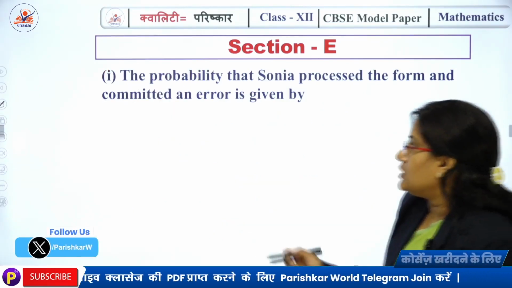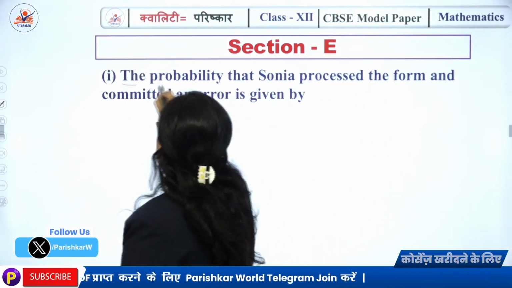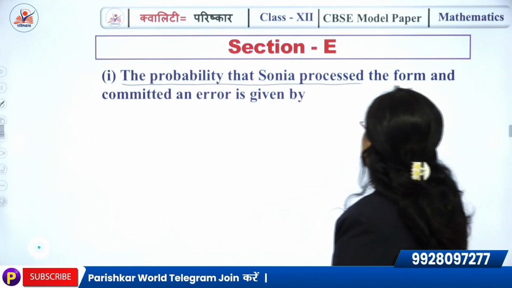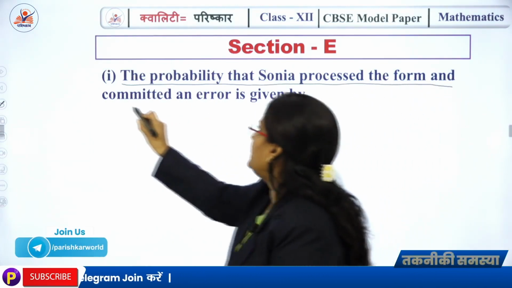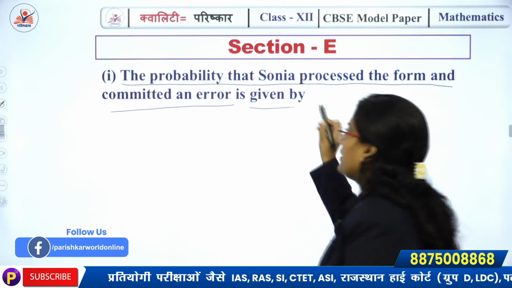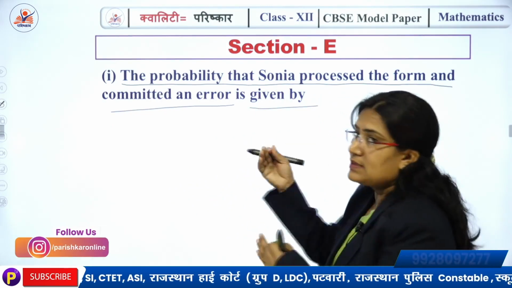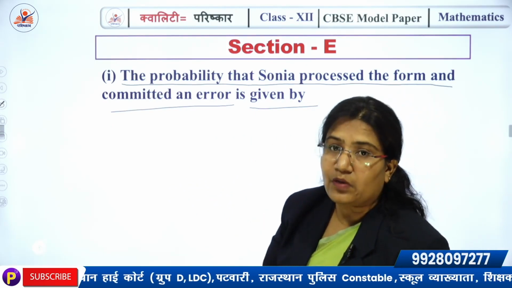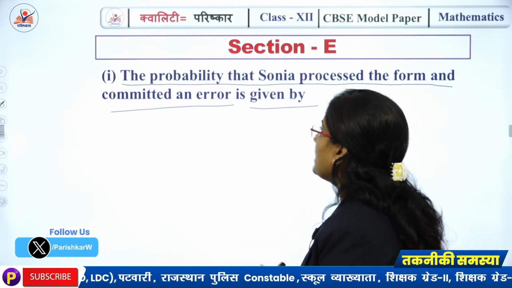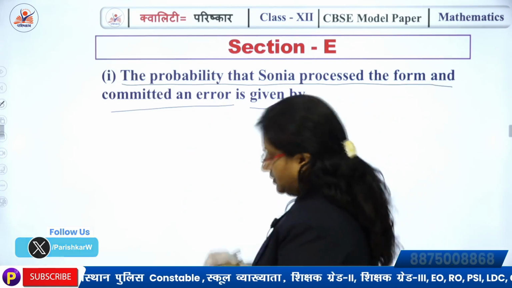Come to the first part of this question. The probability that Sonia processed the form and committed an error is given by. हमें प्रोबेबिलिटी फाइंड आउट करनी है कि फॉर्म्स को किसने प्रोसेस किया है, सोनिया ने प्रोसेस किया है और प्रोसेसिंग के बाद उसने एक एरर कमिट करी है.